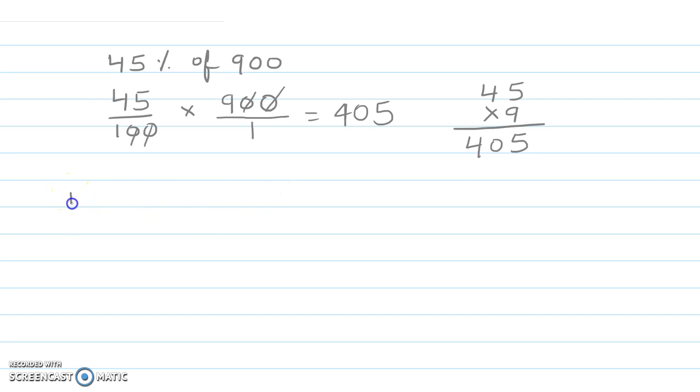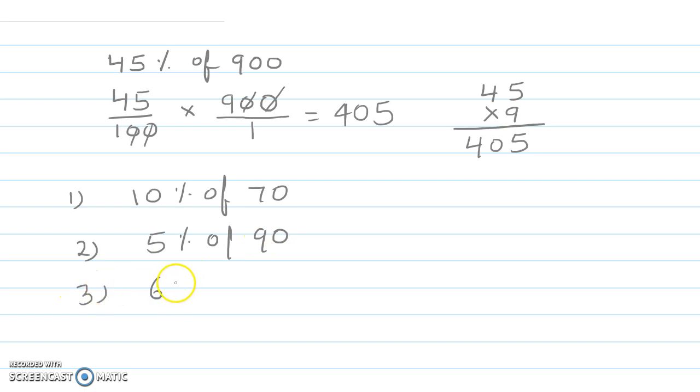Now these are practice questions. You need to try 10% of 70, 5% of 90, and 10% of 900. Please try. Pause the video and you can try, and check the answers against my working.